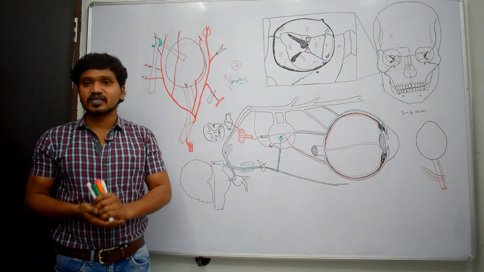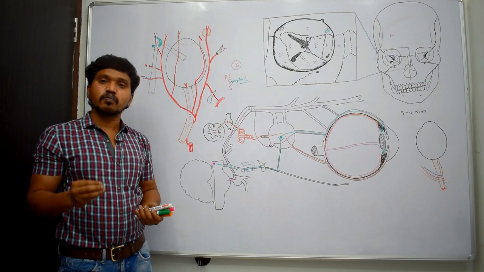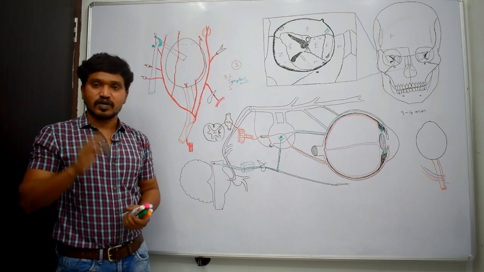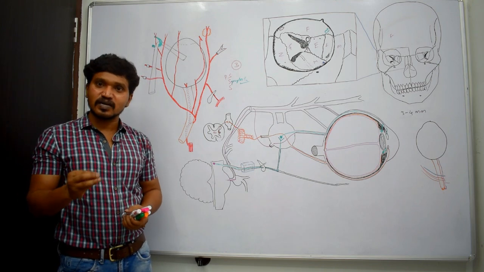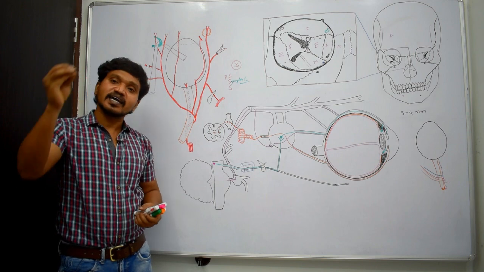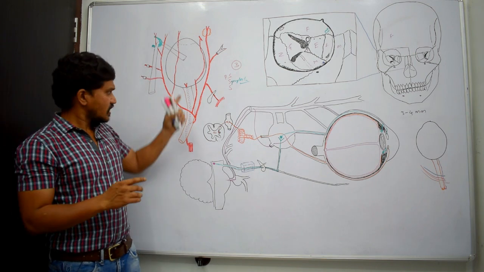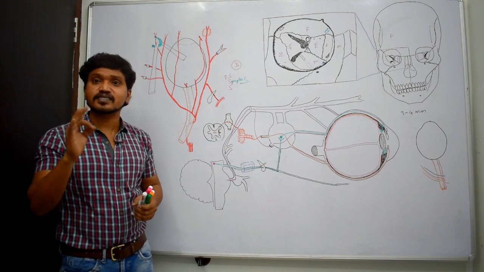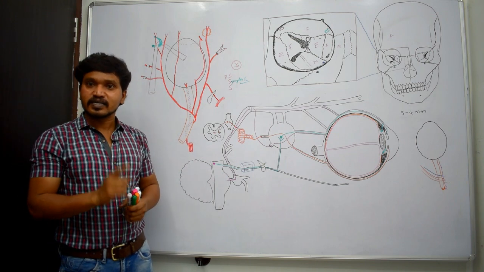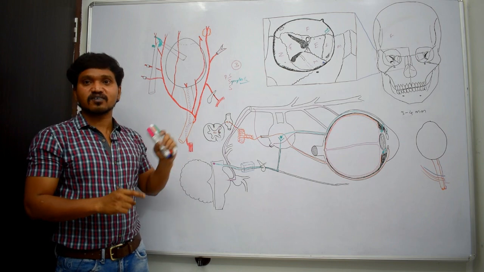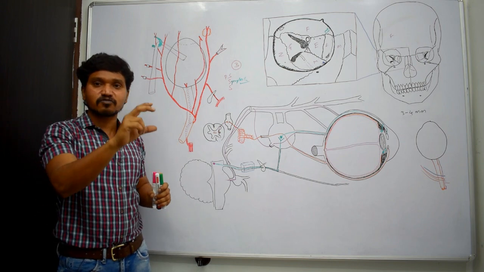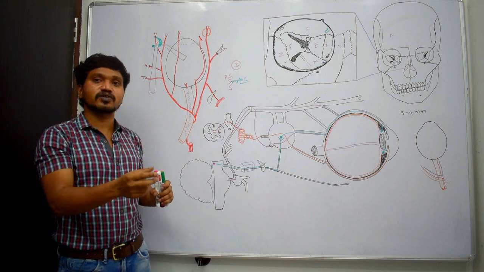Then coming to the structure, it is formed by 1.2 million nerve fibers. These nerve fibers are from the ganglionic cell layer of the retina. If you want to say specifically, the optic nerve is not a nerve, it is a tract, because it is present in the central nervous system. Bundles of nerve fibers which are present in the central nervous system, we call a tract.